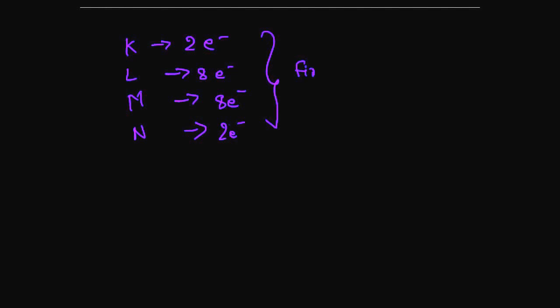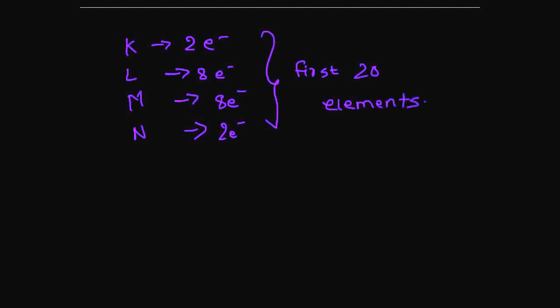Now, you may also know that K cell holds up to 2 electrons, L cell holds up to 8 electrons, and N cell holds up to 8 electrons, and N cell holds up to 2 electrons for first 20 elements.